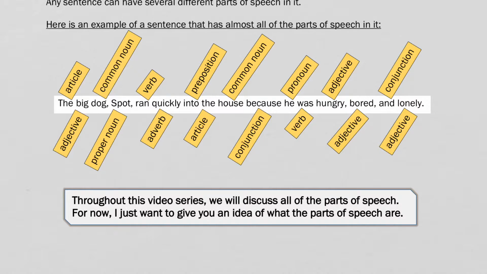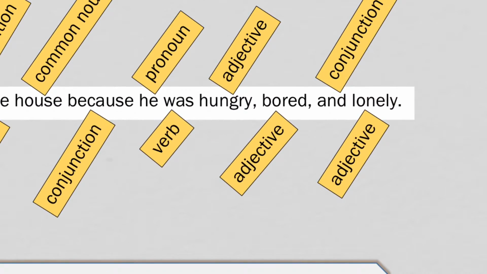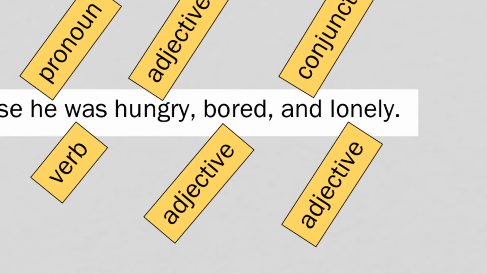And that word and, that's still a conjunction. You notice and here, and is being used with a list of ways that we're describing the dog, right? Hungry, bored, and lonely. Hungry, comma, bored, comma, and lonely. Notice here, we've got a list of things, right? He was hungry, comma, bored, comma, and lonely.